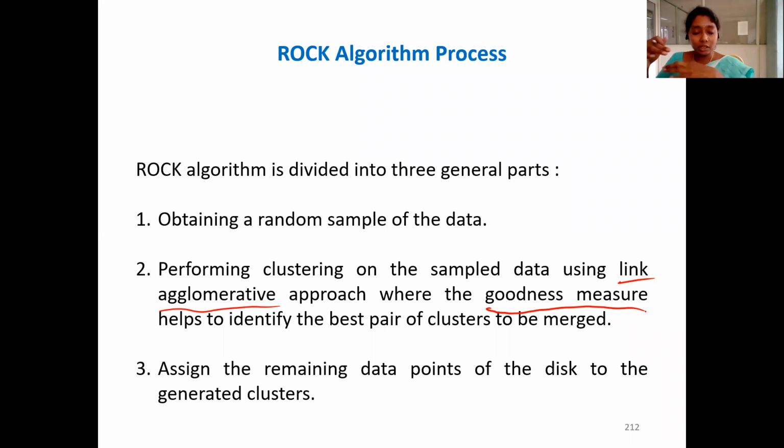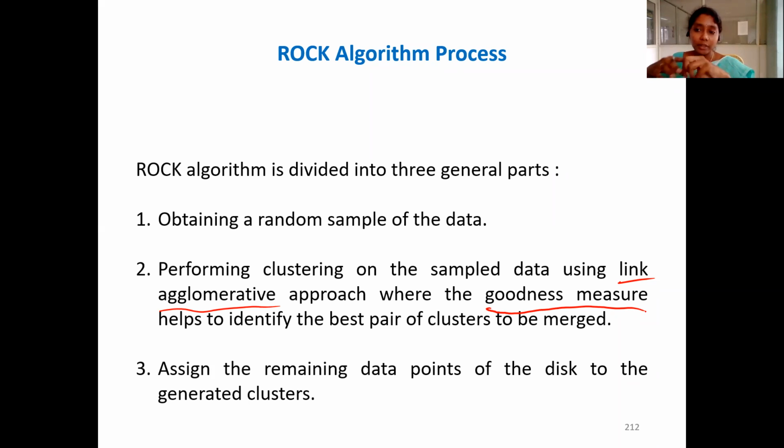So as a third step, the remaining data elements should be assigned to the clusters generated in the previous phase. In the previous phase, that means step 2, we ended up with some k number of clusters. In the last step, the leftover data points are taken, and based on some suitability, each point should be allocated to the generated clusters. In such a way, the entire database can be clustered.